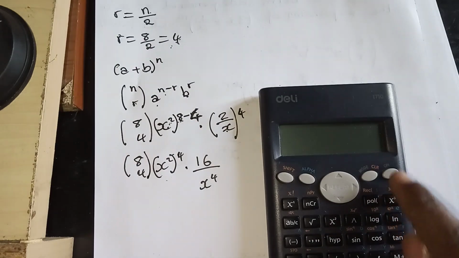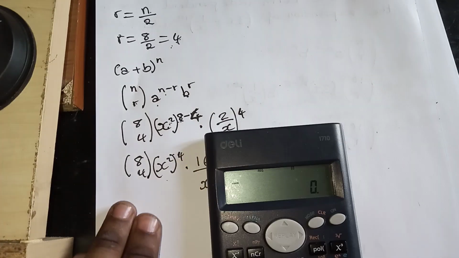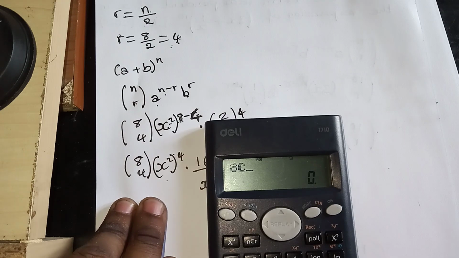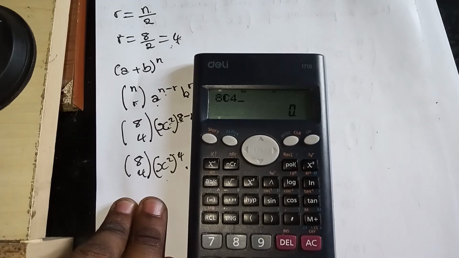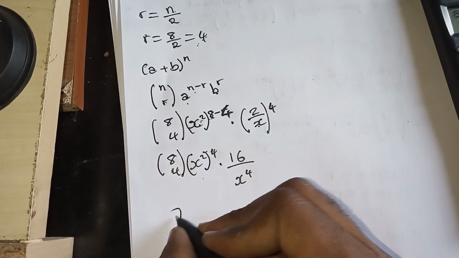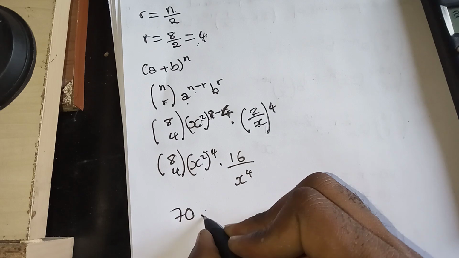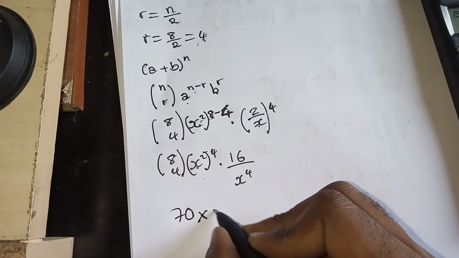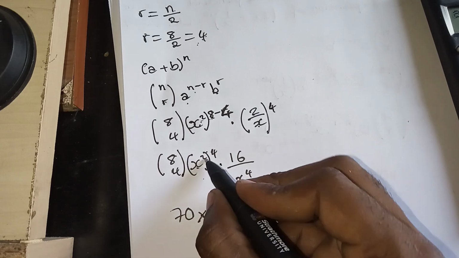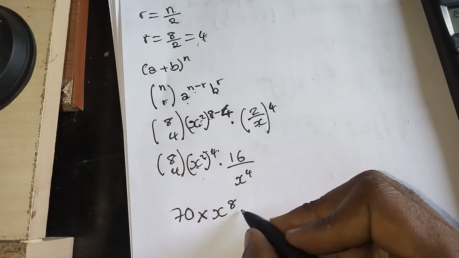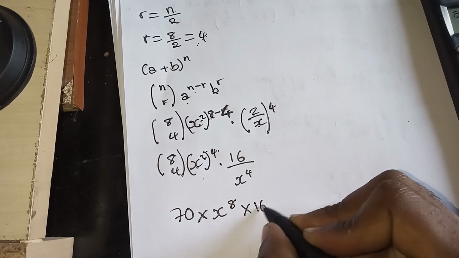So from your calculator we can say 8 choose 4, and the answer is 70. So this one will be 70 multiplied by x squared to the power 4, multiplied by 16.